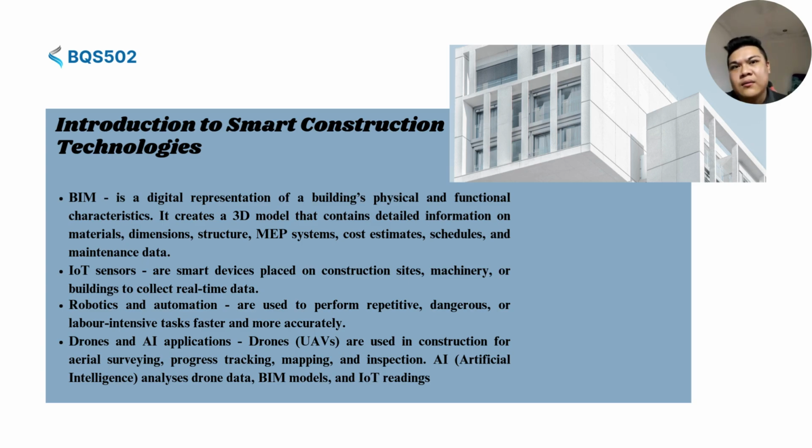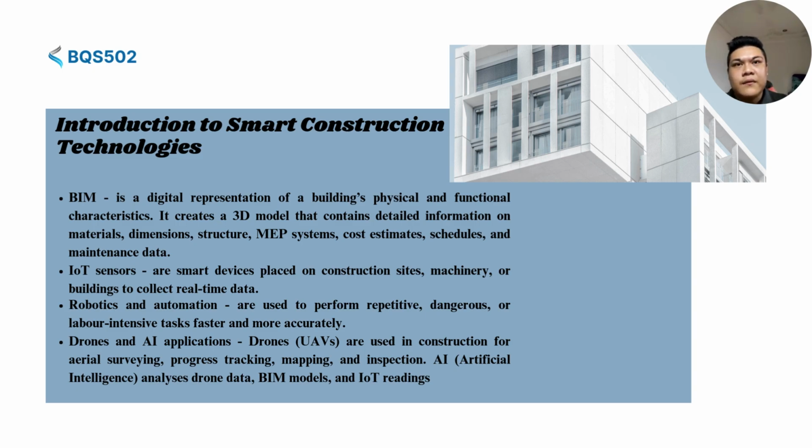Next, IoT, Internet of Things. IoT are smart devices placed on construction sites, machinery, or buildings to collect real-time data. The IoT has sensors that can detect temperature, humidity, vibration, and structural movement.